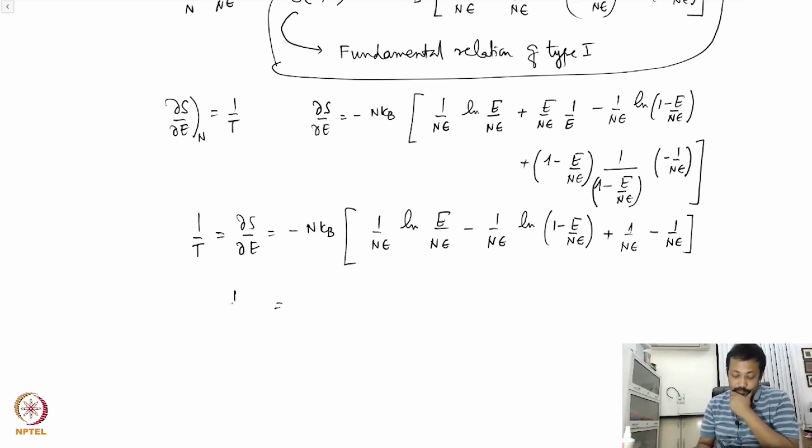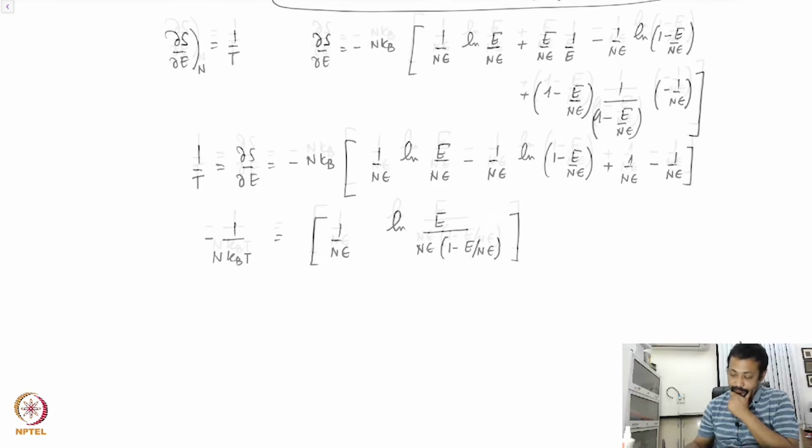So I have 1 over N kB T with a minus sign is 1 over N epsilon ln [E over N epsilon divided by (1 minus E over N epsilon)], right?